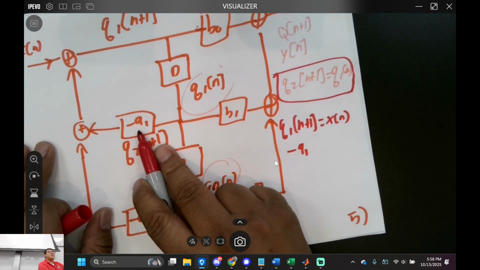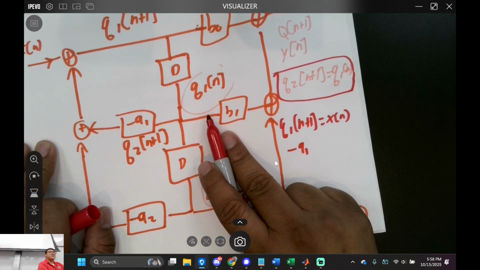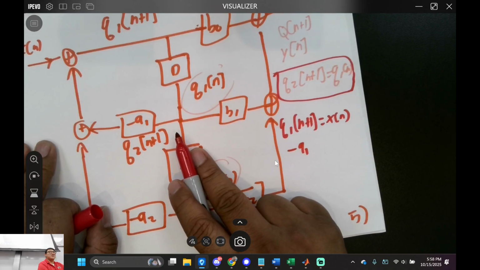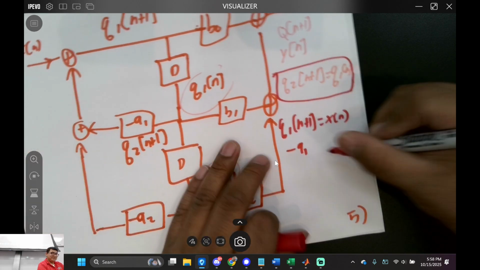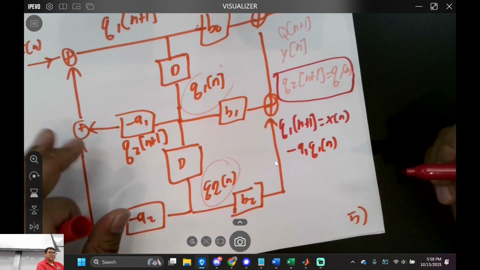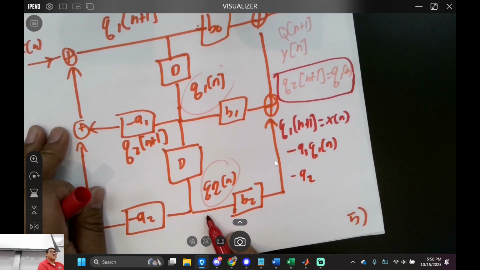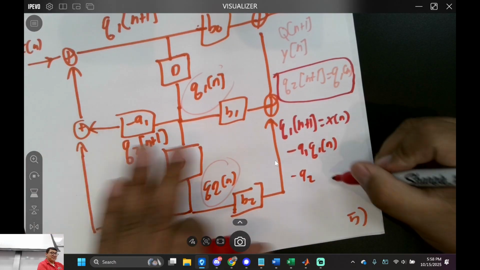What's minus A1 multiplied by? This node, right? What's this node equal to in terms of current states? Q1, correct? Because I want the current state. Minus A2, right? What's our current state? Q2.